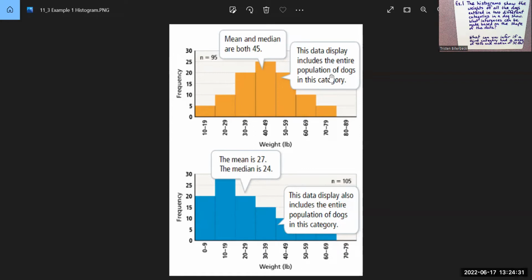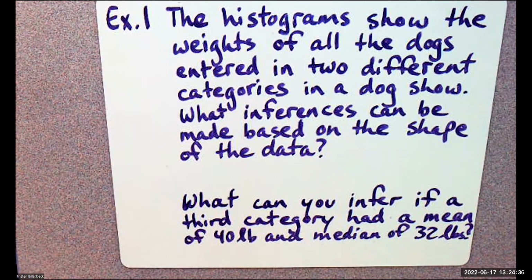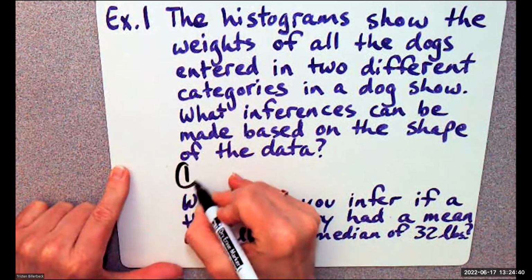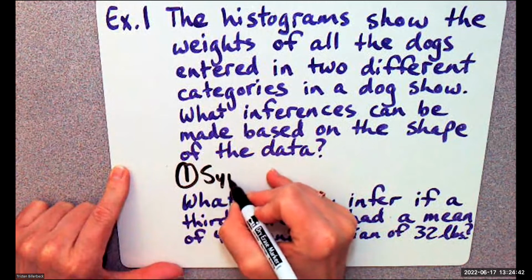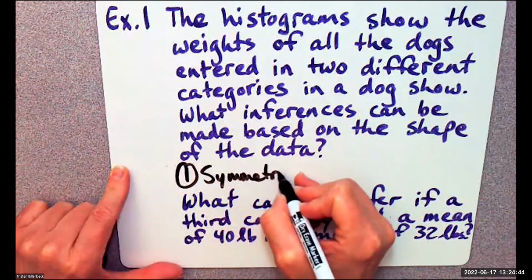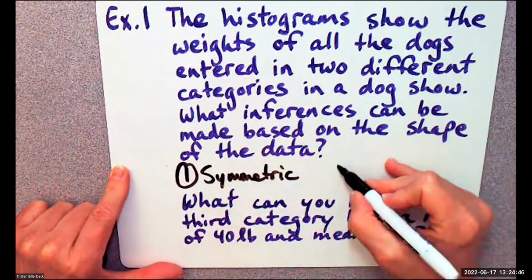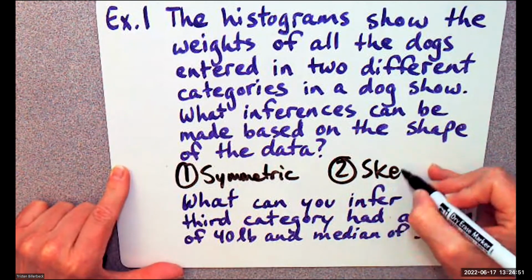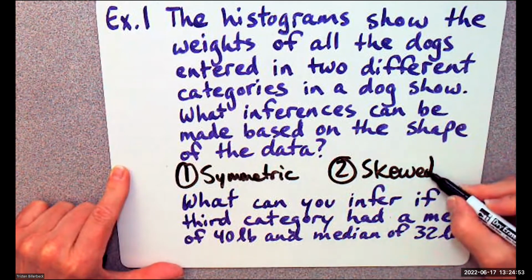All right, so let's take a look at the questions again. Based on the data, the first population was a symmetric display, and the second histogram was skewed right.